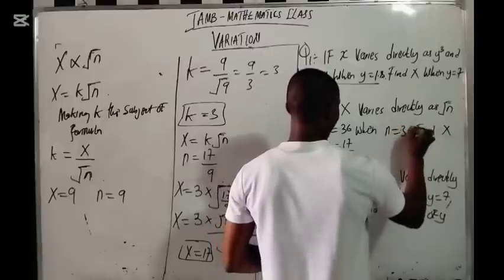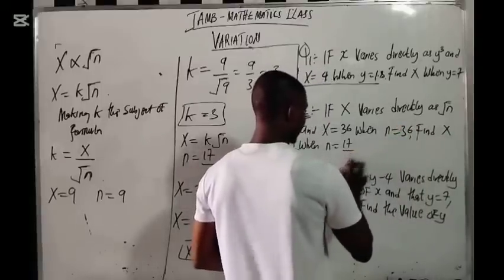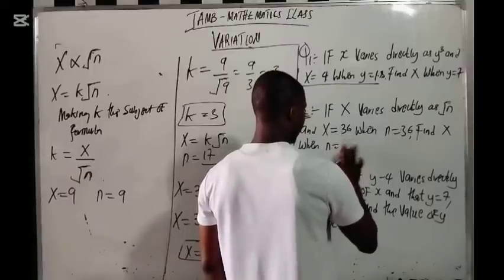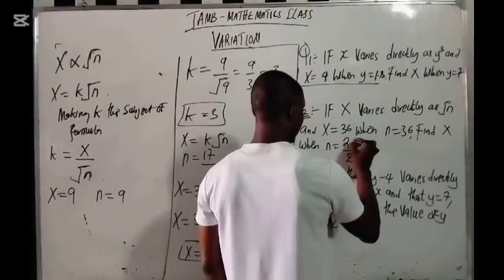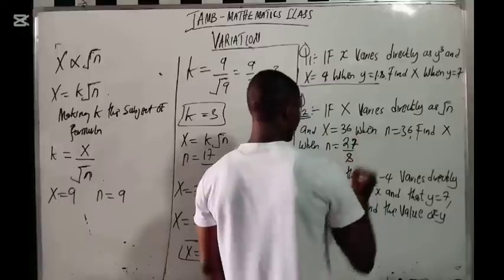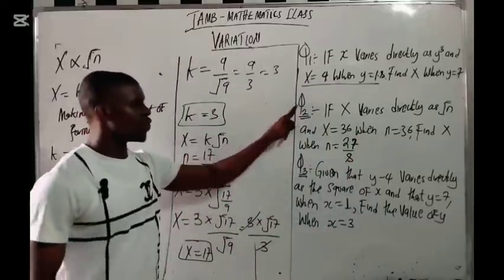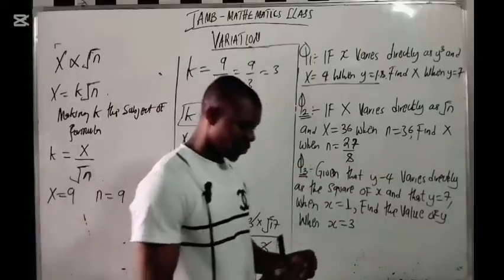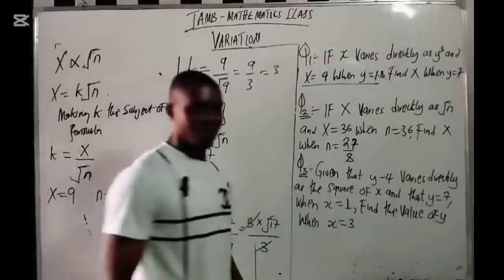Here we have 36. Here we have 8. And here we have 27. Okay, you go ahead and do this for me. Question 2. I've changed the values here. So go ahead and try it for me. It's very easy.